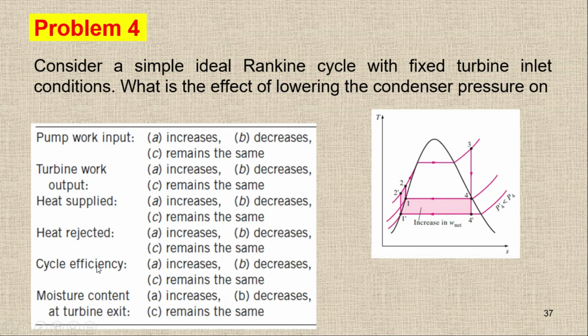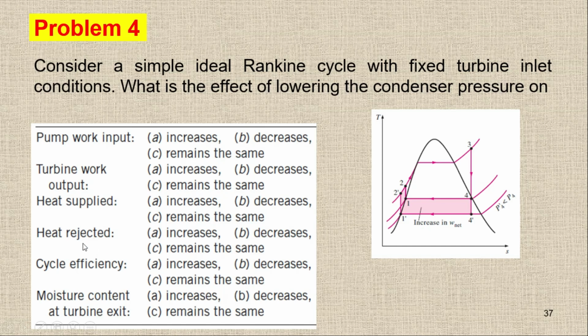What about the cycle efficiency? Cycle efficiency is going to increase, because this is the method to increase the efficiency. Moisture content at the turbine exit, of course, is going to increase. Firstly it was somewhere here, now it's somewhere here, so it has increased. So the pump work input increased, turbine work output increased, heat supplied increased, cycle efficiency increased, and moisture content also increased.